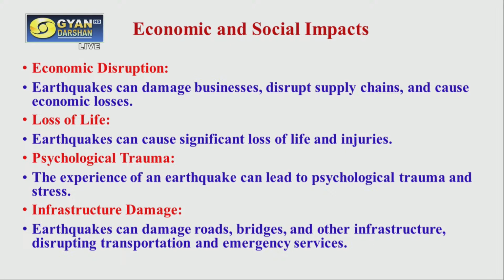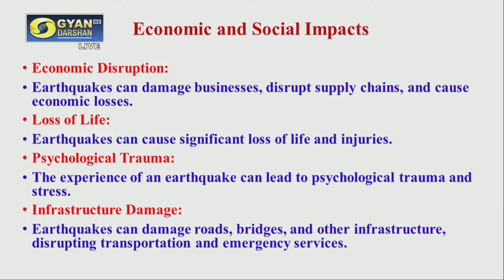Then economic and social impacts. In addition to the structural damage, the outbreak of diseases, and mental trauma, there are disturbances or impacts on the economy and the society also.